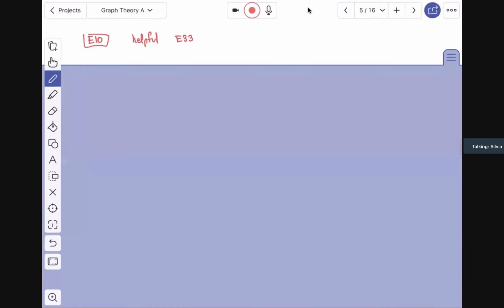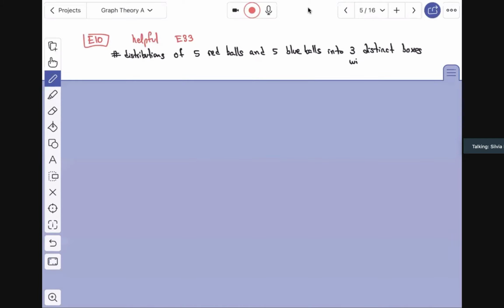So E10 says: find the number of distributions of 5 red balls and 5 blue balls into 3 distinct boxes, with no empty boxes.